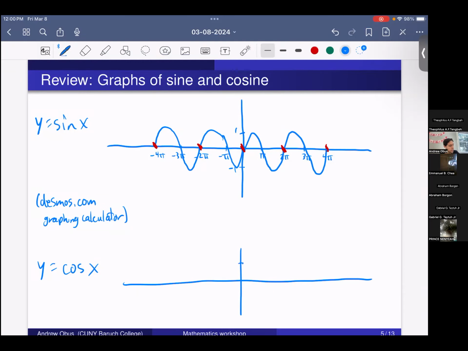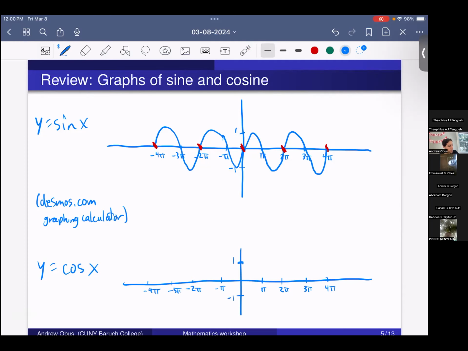Now cosine of x, I'm going to do the same thing. We have 1 and minus 1. I'm going to draw it with pi, 2 pi, 3 pi, and 4 pi, and then over here, we'll do minus pi, minus 2 pi, minus 3 pi, and minus 4 pi. So not exactly to scale with each other, but that's fine.